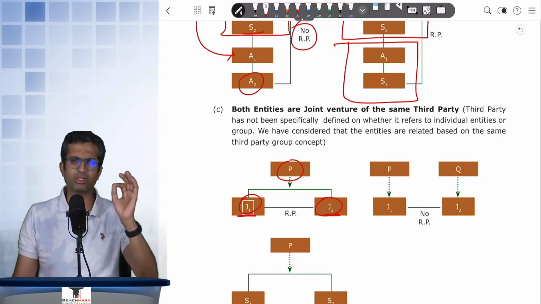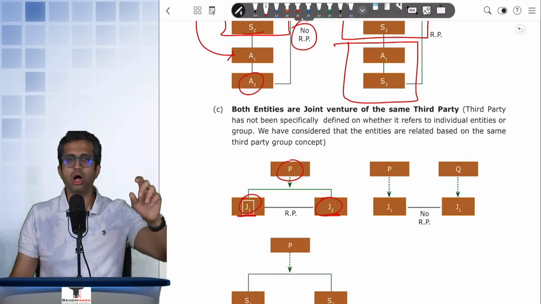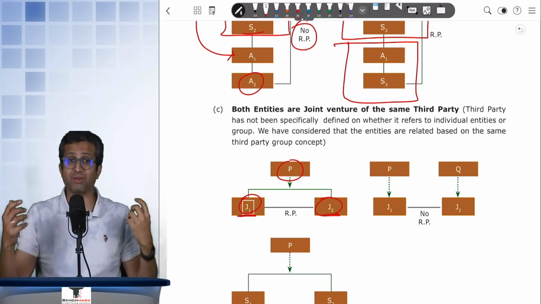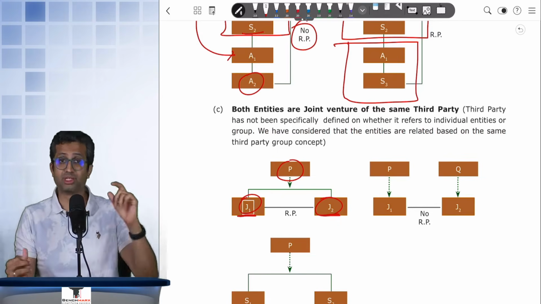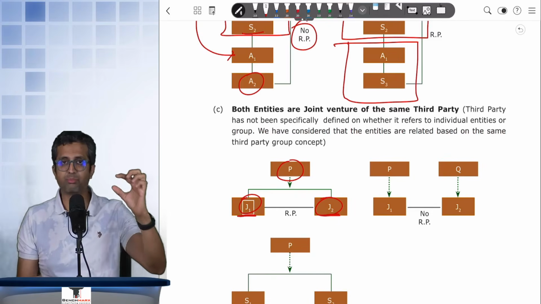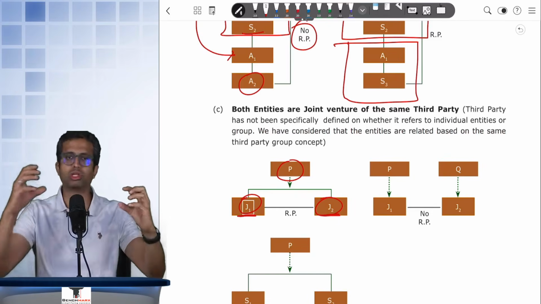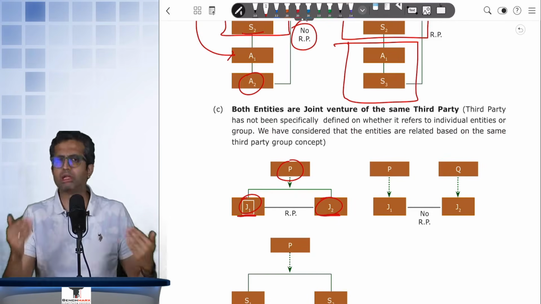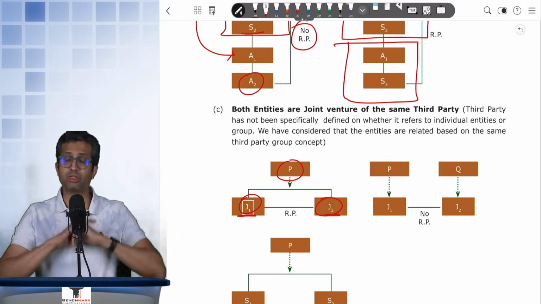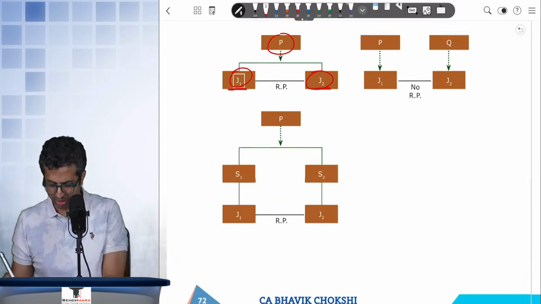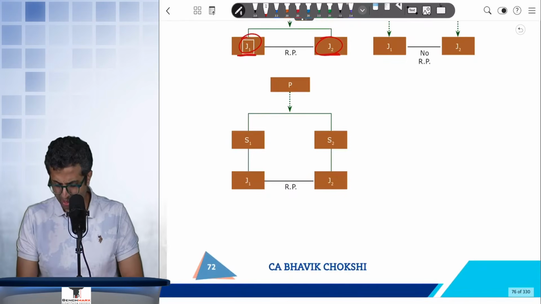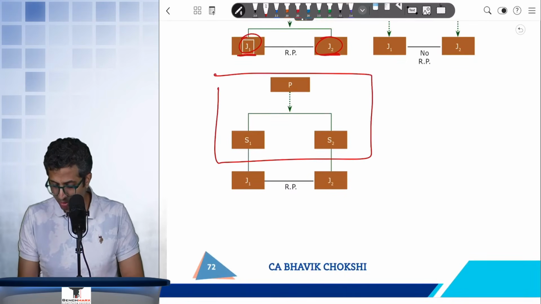Now over here, the language is a little ambiguous. They say that it should be joint ventures of the same third party, and they don't specifically say whether the third party is a separate entity or a separate group. Generally, from a practical understanding, we can say that even the same third group concept applies, which means over here there is P, S1, S2. This is the same third group.